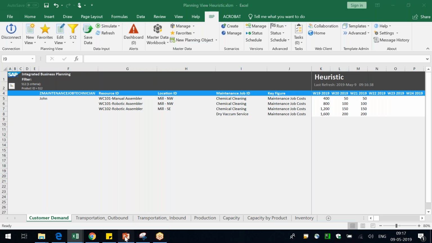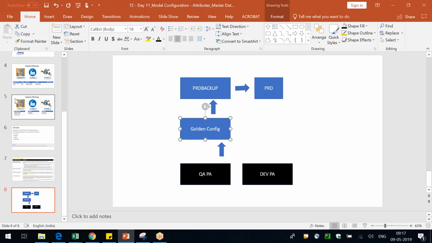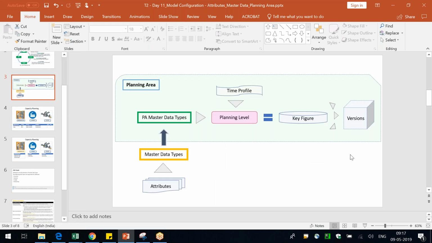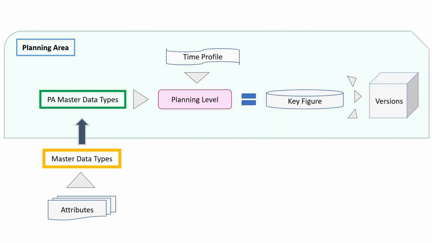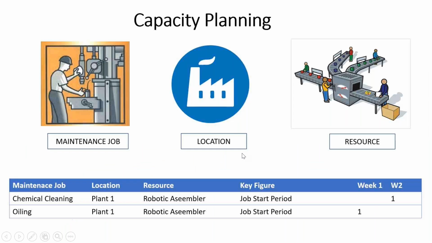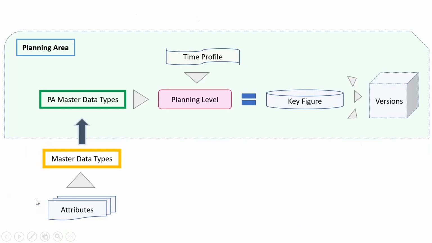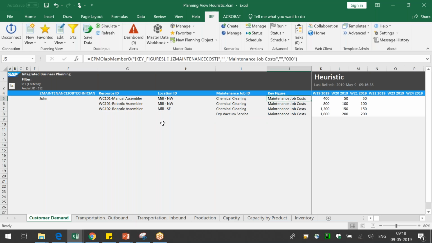Tomorrow we'll start with the scenario that we are actually talking about, and also if I change one thing in here, how that would have a cascading effect on the entire planning area. For example, in the maintenance job, if I bring another attribute in here, what changes do I have to make across my planning area? There is a maintenance job cost, right?